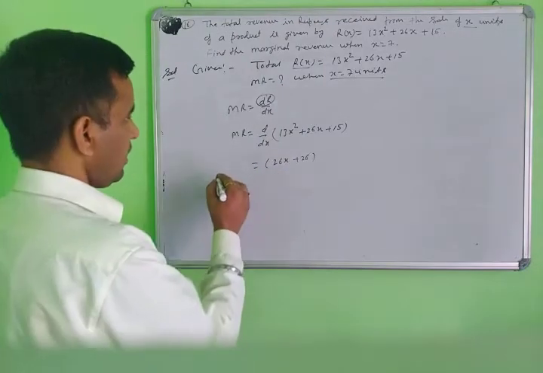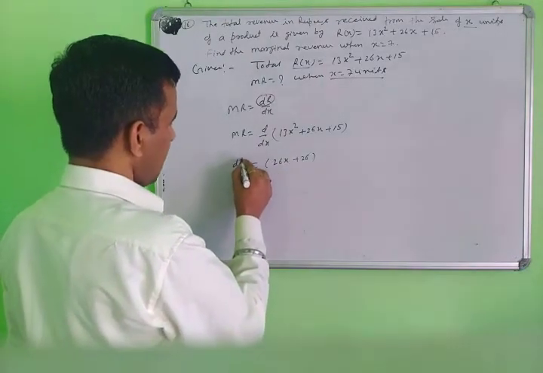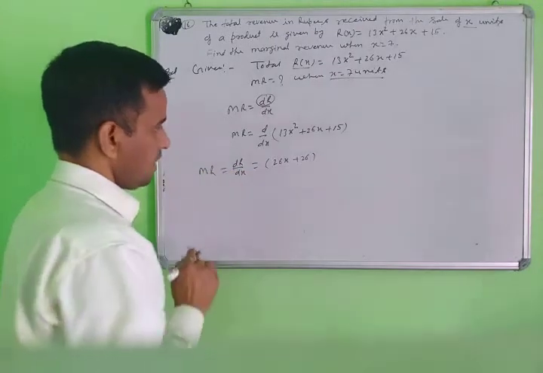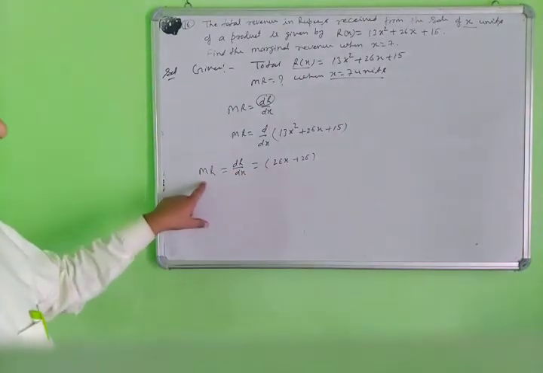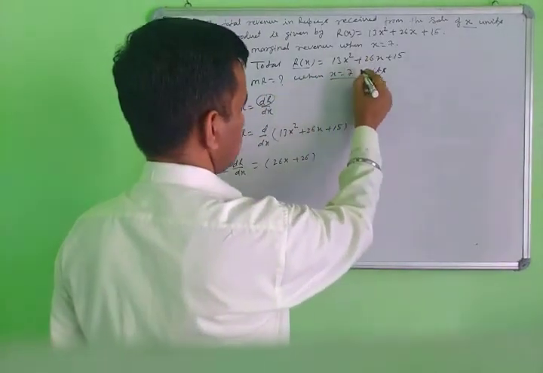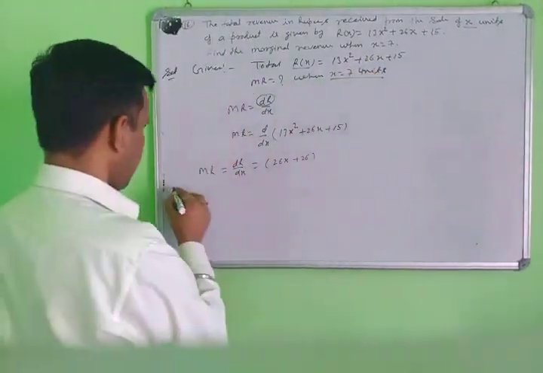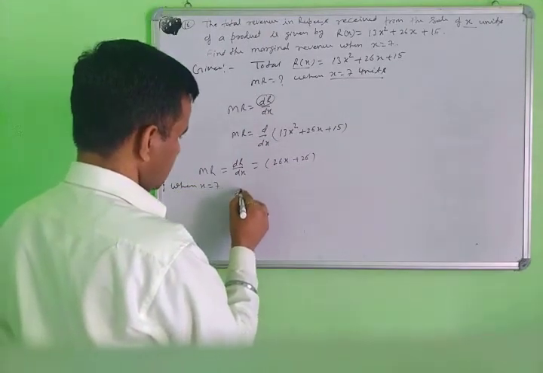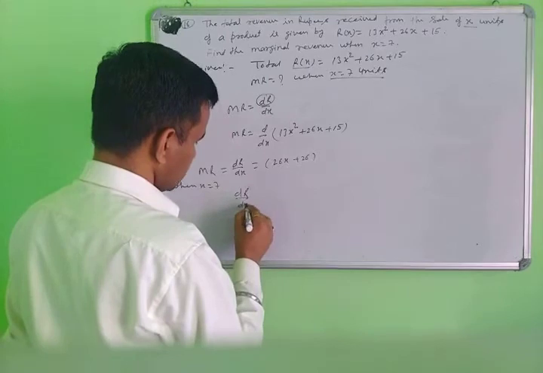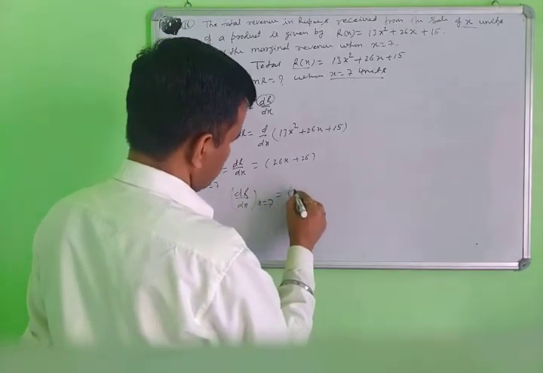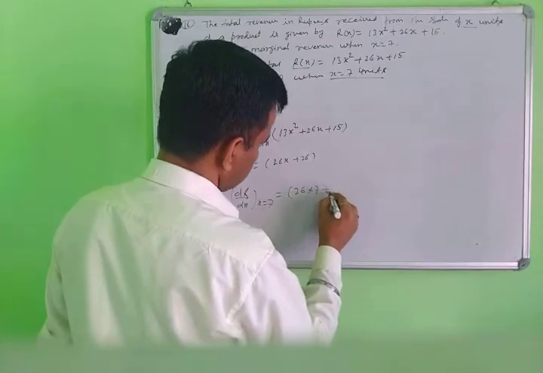So this is dR over dx, meaning marginal revenue. You will find the marginal revenue when x equals 7 units. Don't use the unit. When x equals 7, dR over dx is 26 into 7 plus 26.